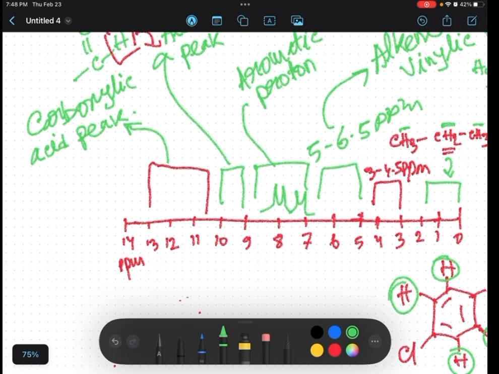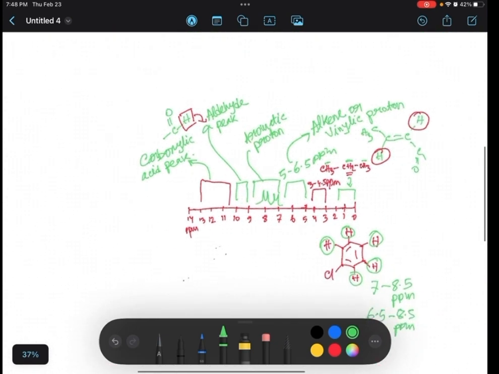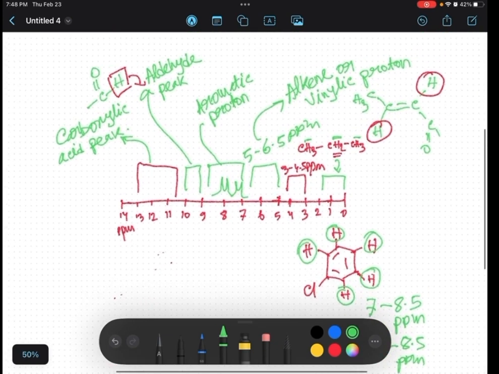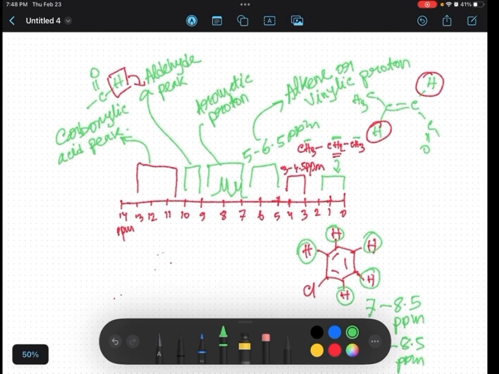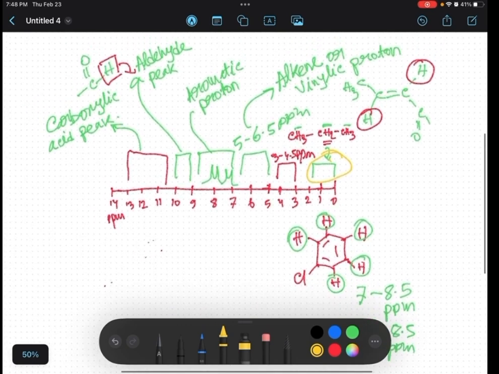Carboxylic acid peak. If you now look on this scale, for the normal proton, going again from normal proton, you will see this area 0 to 2. Any proton having oxygen or nitrogen or halogen nearby will be in that region.